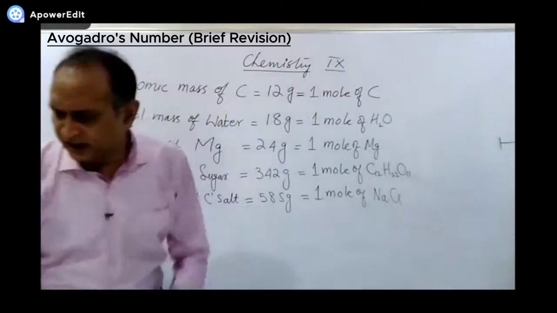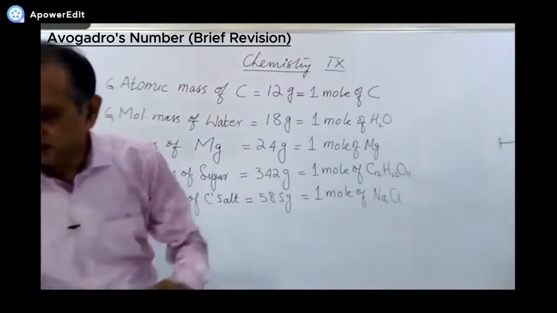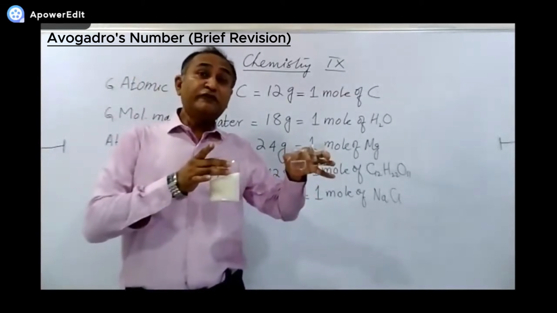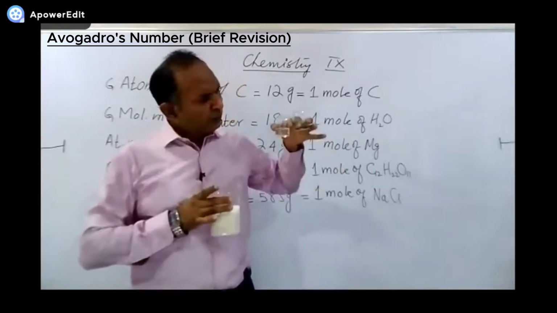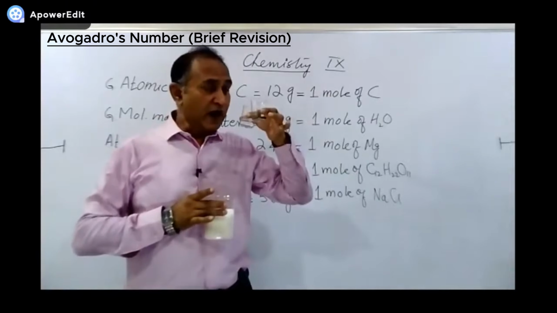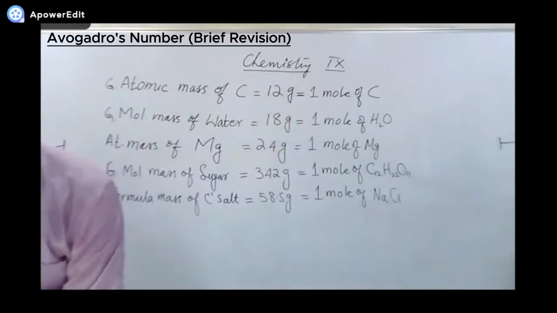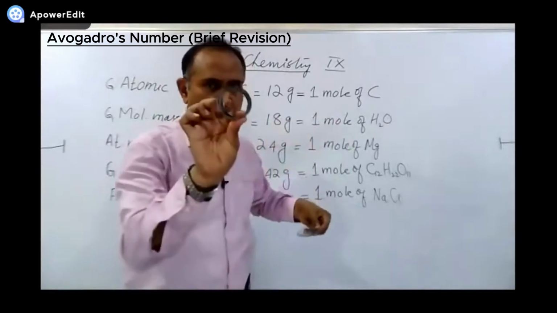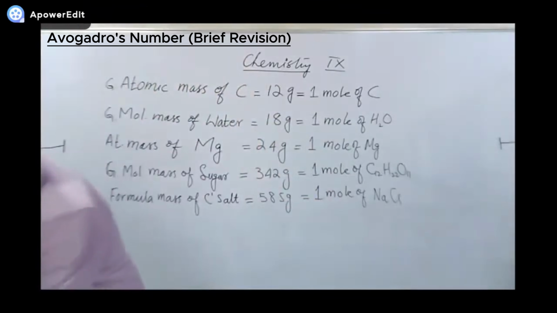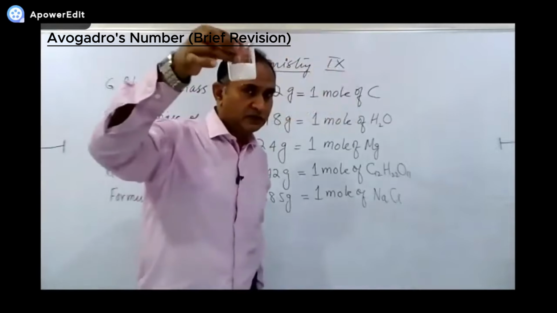So what I did here, I have taken 1 mole of different substances. 1 mole of sugar, 1 mole of water, 1 mole of carbon, 1 mole of magnesium, 1 mole of common salt.